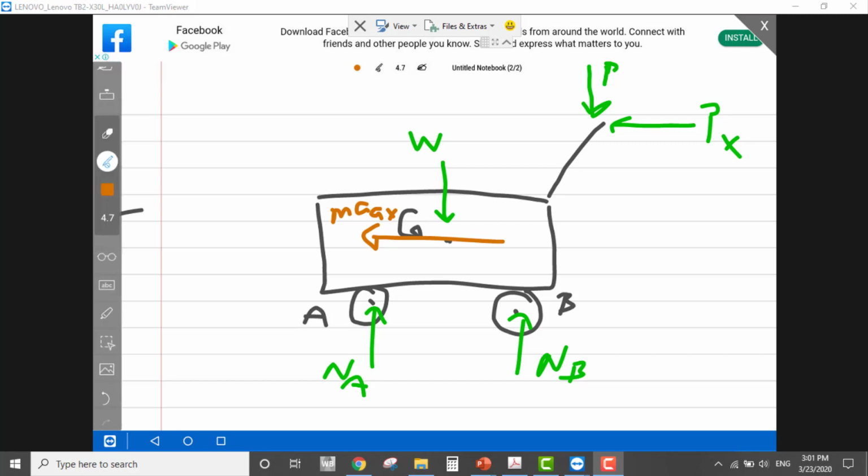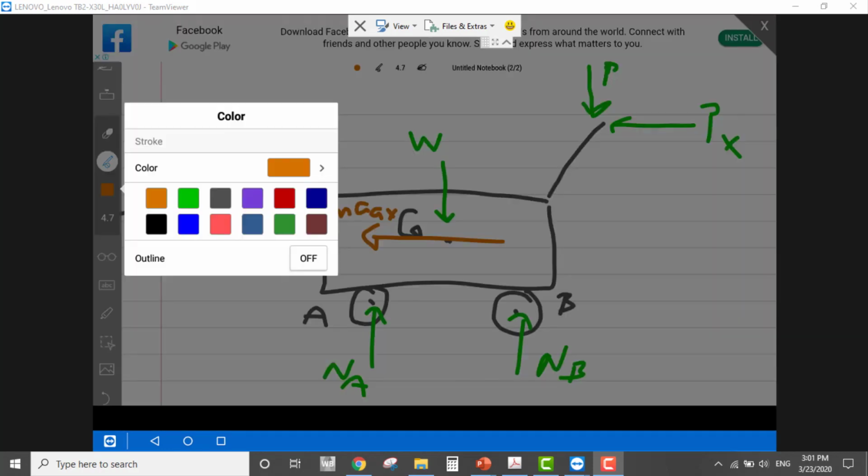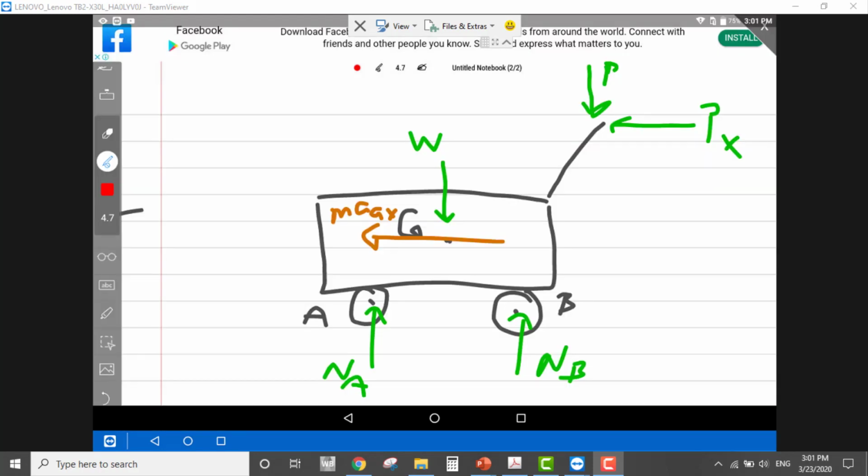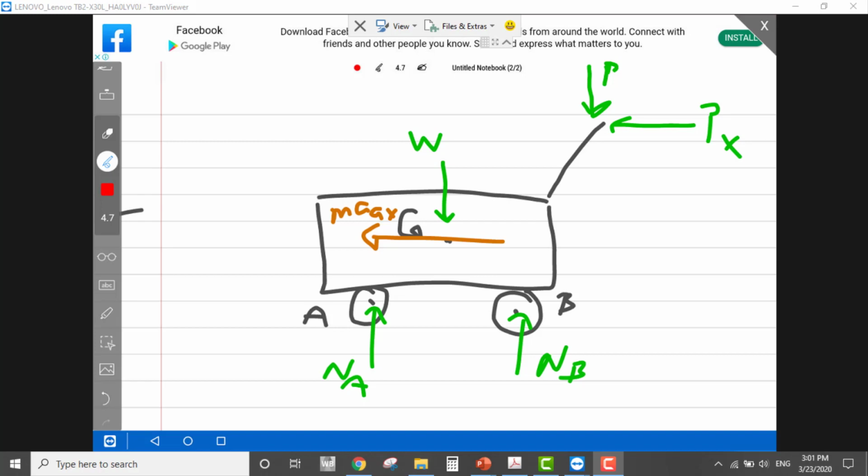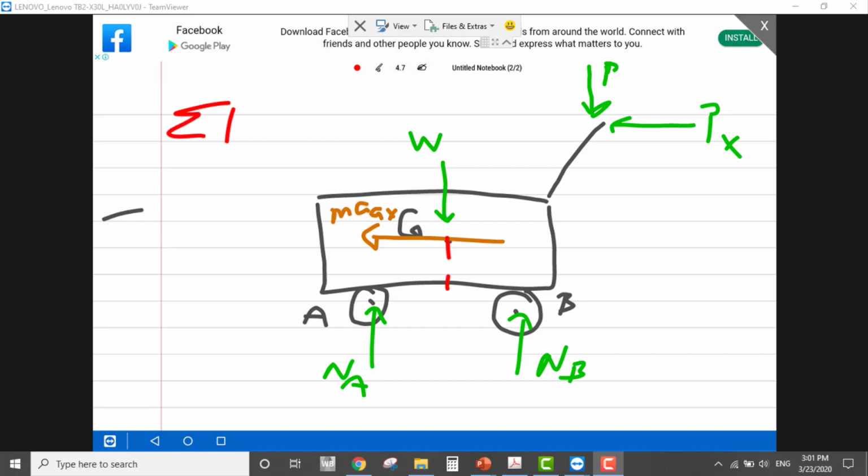Now regarding the distances, I will use the red color. Once I take summation of moment about B, my care is about point B. So this distance is 0.2, and this distance 0.3.